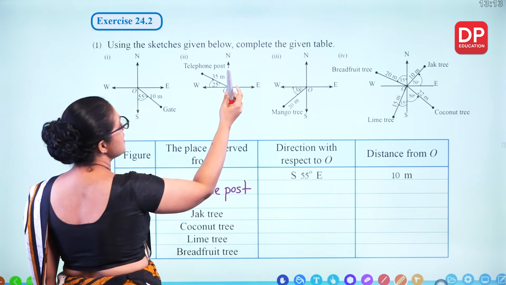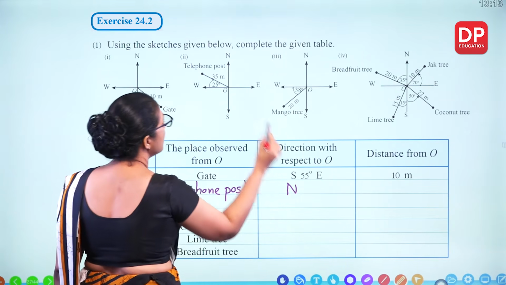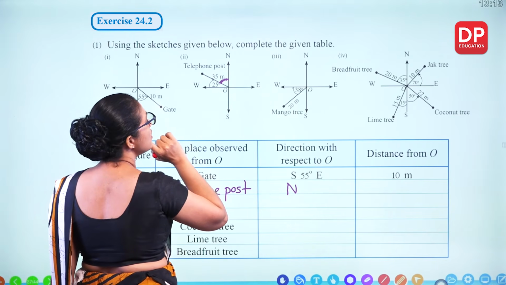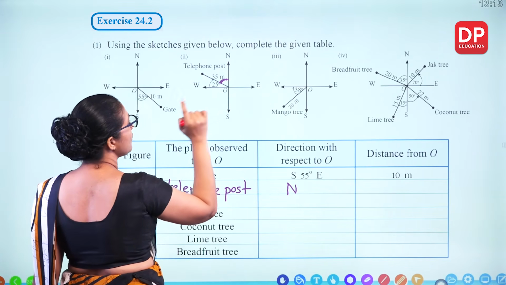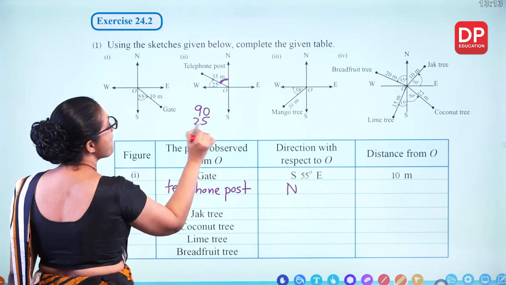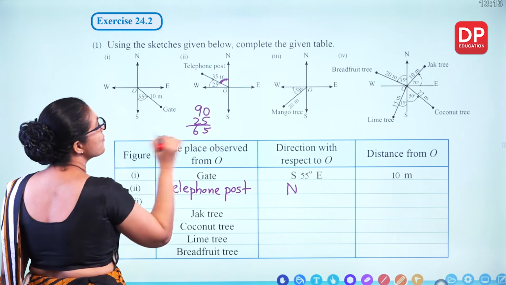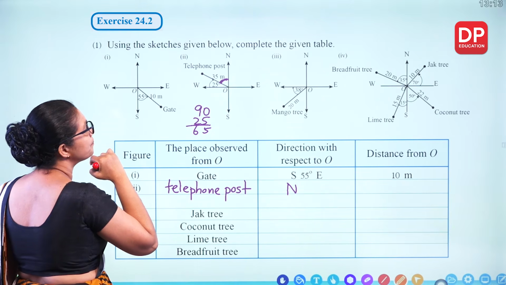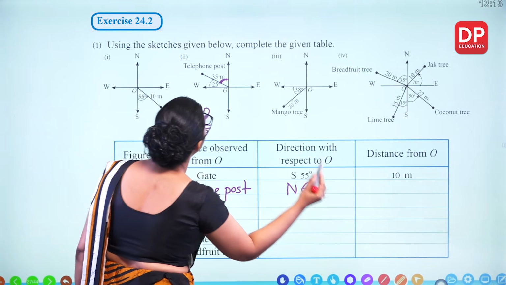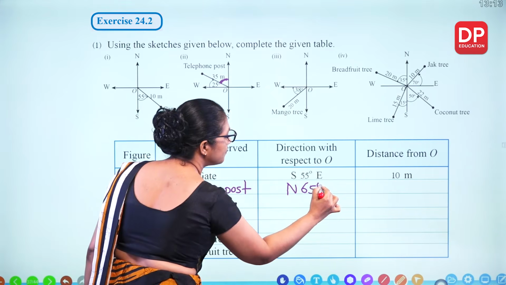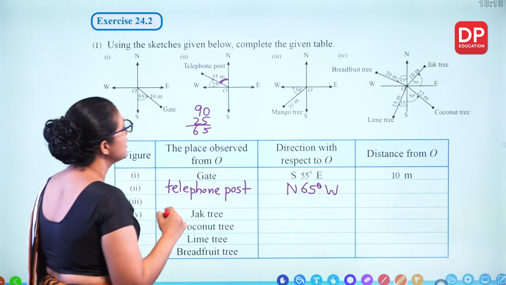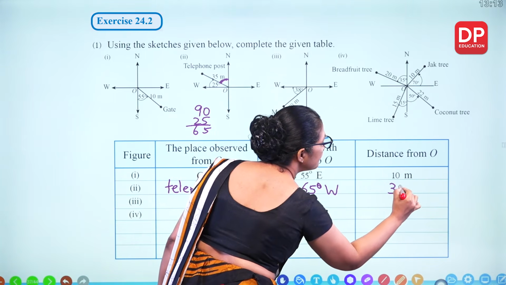Telephone post is from north. What is this angle? 90 minus 25. So what is 90 minus 25? 65 degrees. So we can say north 65 towards west. How many meters? 35 meters.